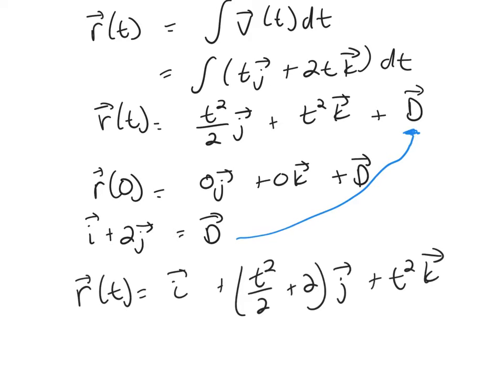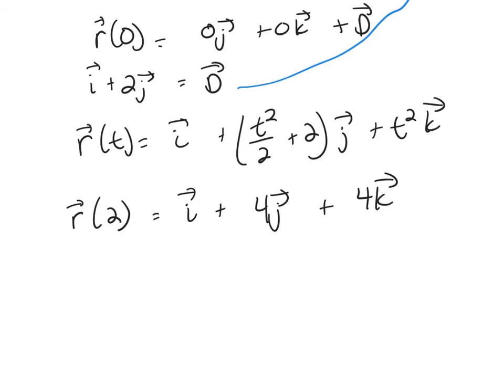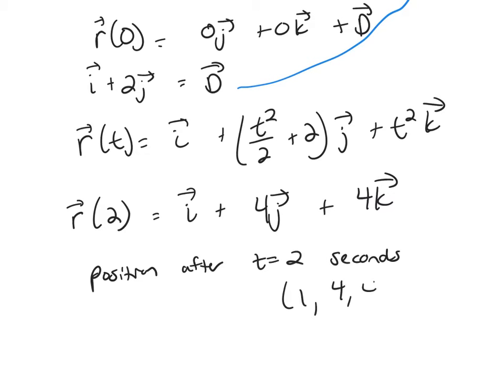I wanted to know the position after 2 seconds. Plug in 2 here, and you'll get i plus 4j plus 4k. So this object, the position after t equals 2 seconds, it'll be located at the point 1, 4, 4.